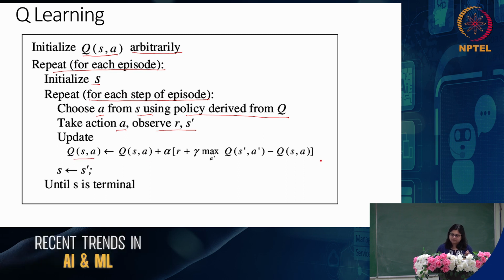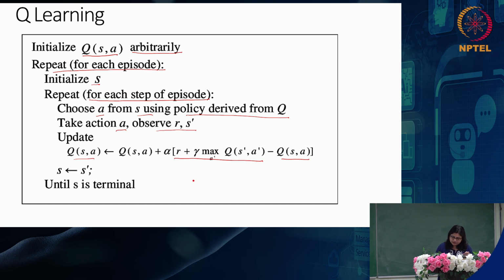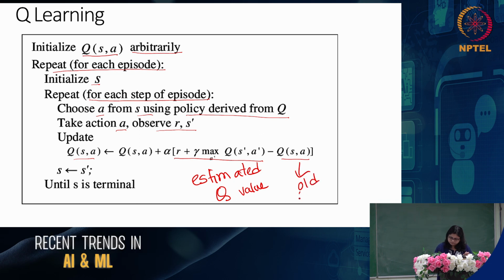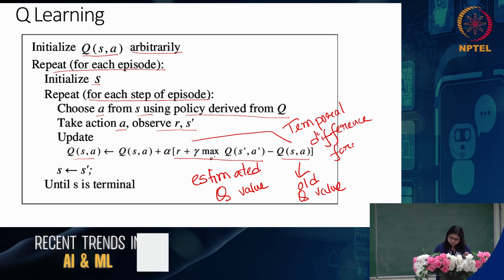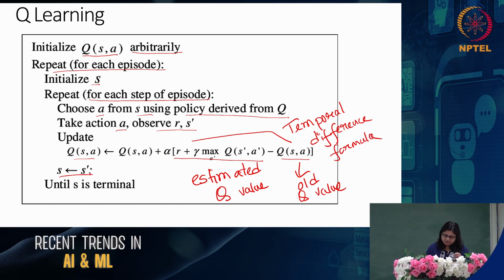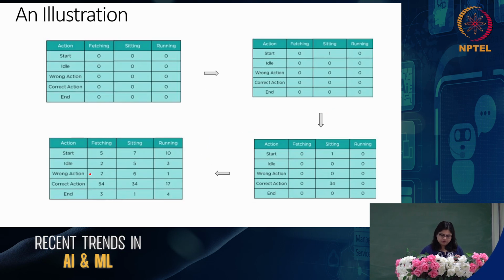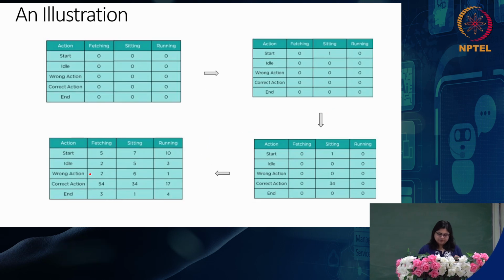Then you have the temporal difference formula: this is the estimated Q value, this is the old Q value, and you update until S is terminal. This is the way we are updating.